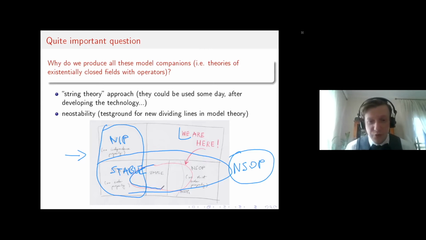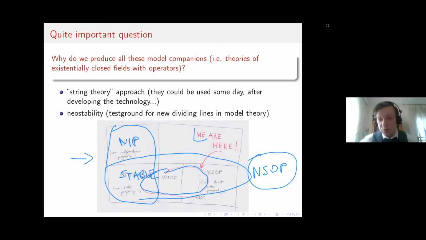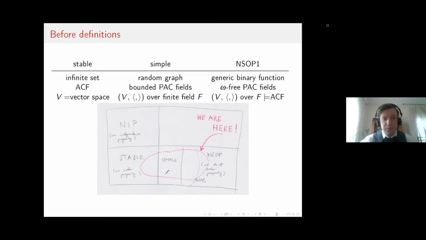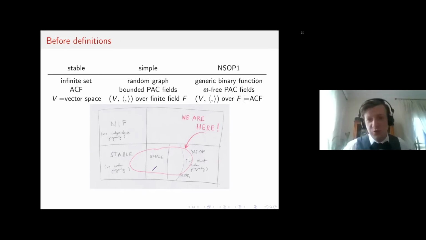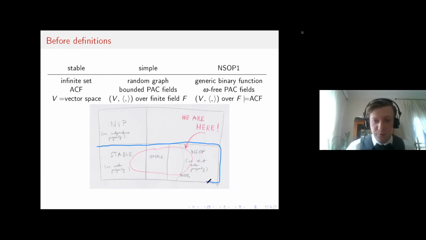Somewhere in an NSOP1 context, we have examples of stable fields or stable fields with operators, simple fields with operators, and right now also NSOP fields with operators. Before definitions, let me give you some intuition. What is changing? In NSOP, the bottom half of the picture, this algebraic part.